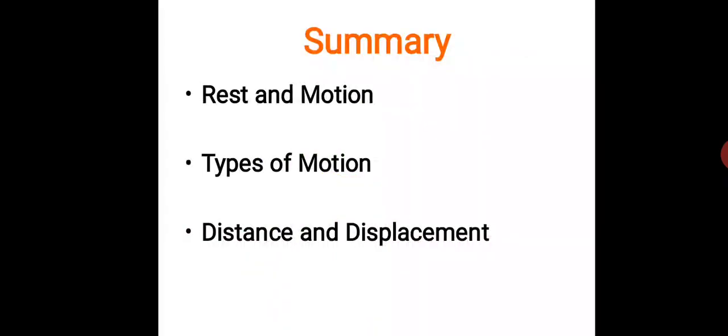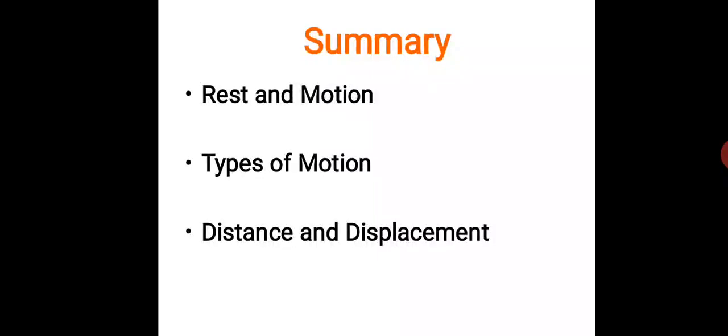So in today's class we have discussed what is meant by motion, what is rest and motion, and types of motion. Under types we have seen linear motion, which means moving along a straight line; circular motion, which means moving along a circular path; oscillatory motion, which means to and fro motion at a regular interval of time; random motion, which means movement of an object that does not fall under any of the categories we have seen before.